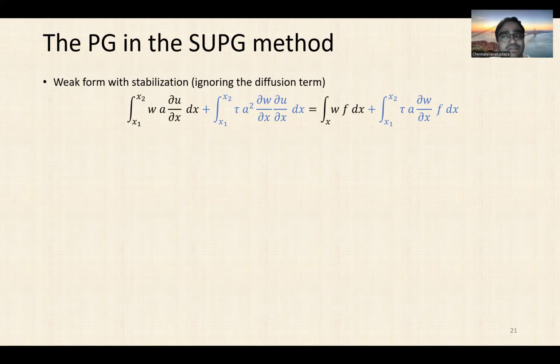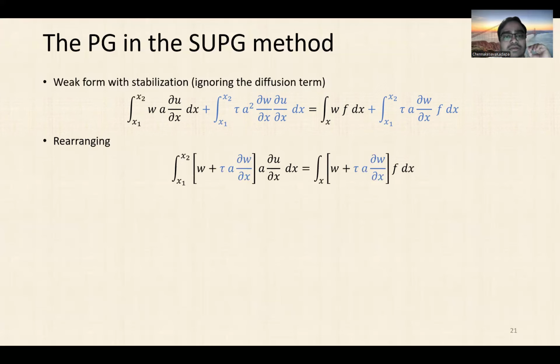By ignoring the diffusion term, this is the weak form for the SUPG method, including the stabilization terms. Now we can combine these two. We have the same integral, and we can take dou u by dou x and a from both expressions as a common factor.